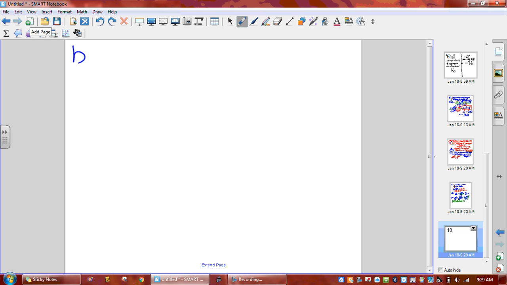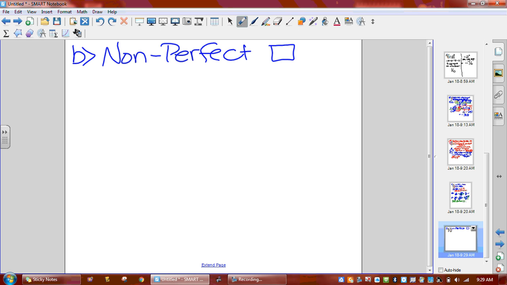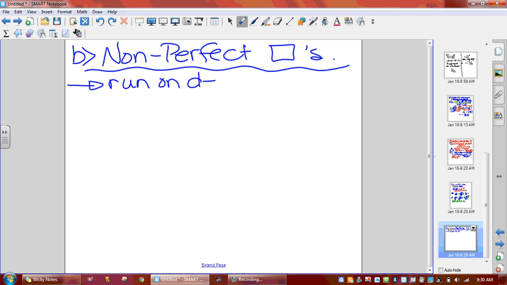So B is non-perfect squares. They are run-on decimals. Now, there's a couple numbers that create run-on decimals.